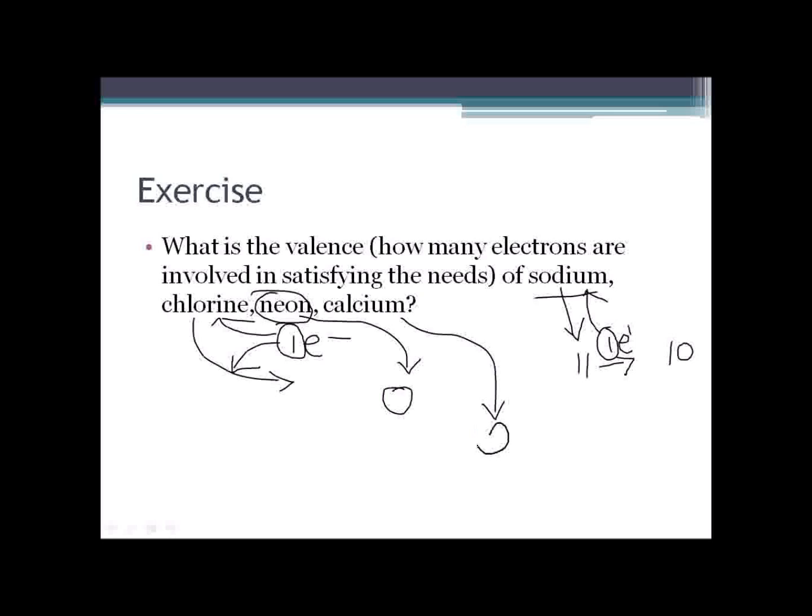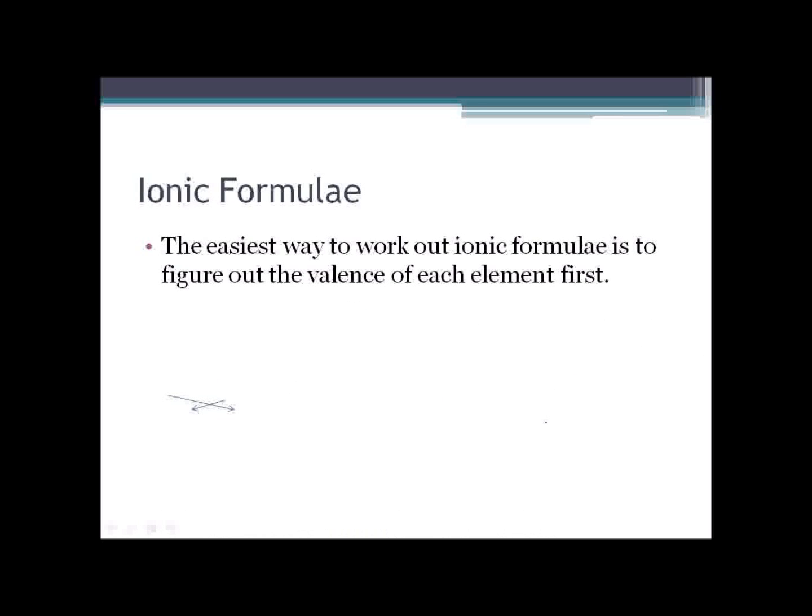So the valence of calcium is 2. So once you have a little bit of practice with this, it doesn't become too hard to work out what the valence of particular elements is. The question is, how do you use it? Because you want to use this to work out the formula of ionic compounds that are formed when things react.